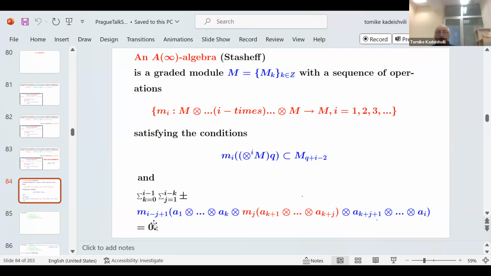But Stasheff also assumed this property. You see, M, and inside it the red M runs, and the red M's length j also changes. Quite clever but a complicated condition.